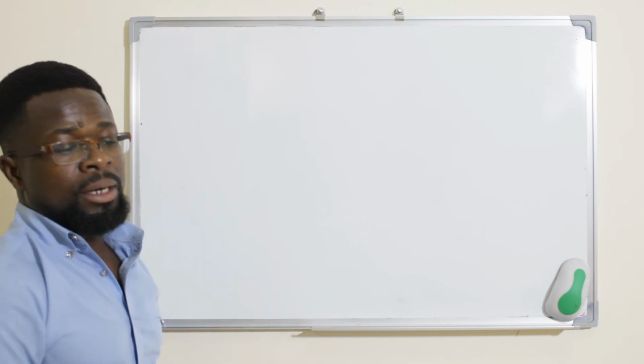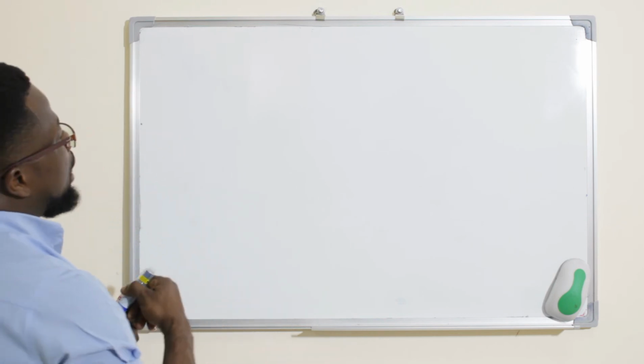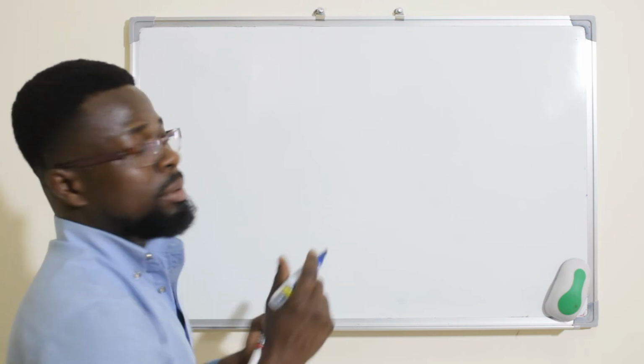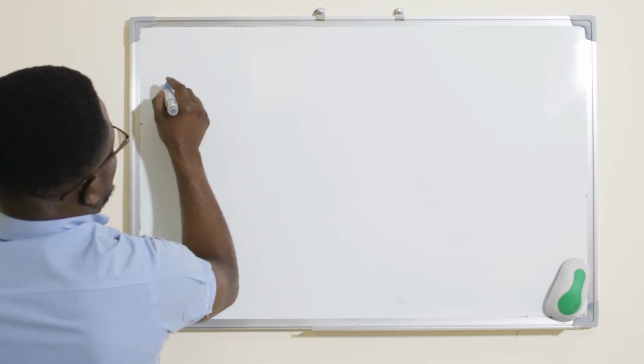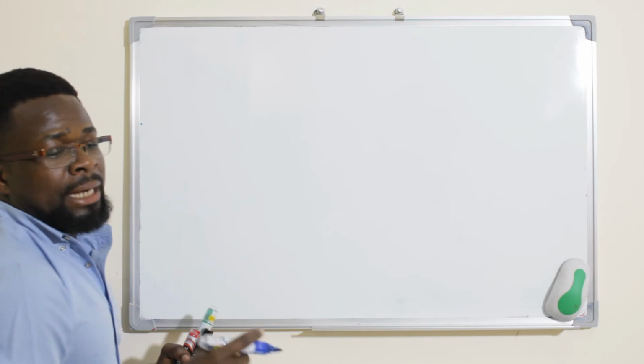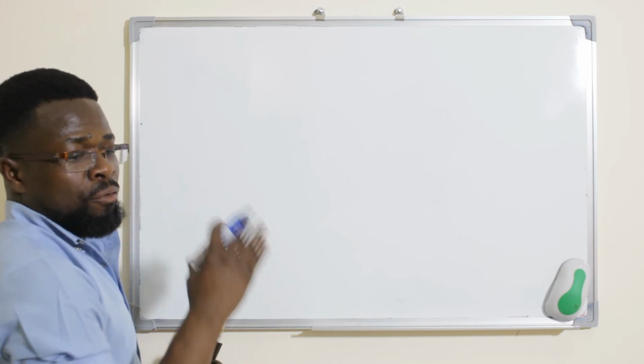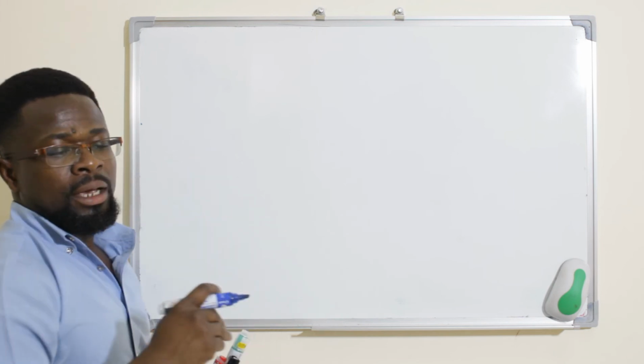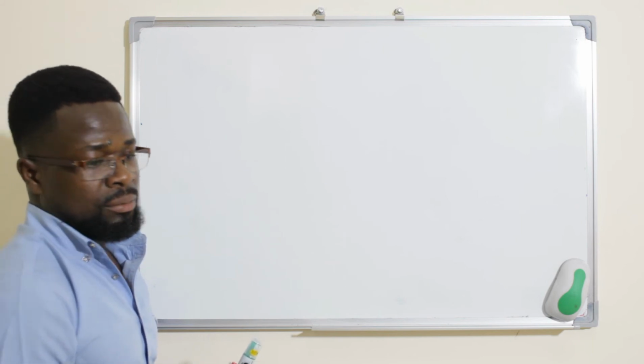Now let's look at the problem and see how we can go about solving the problem. Okay, so from my table, I need to draw a free body diagram for the 2.5 kg and for the 1.0 kg.